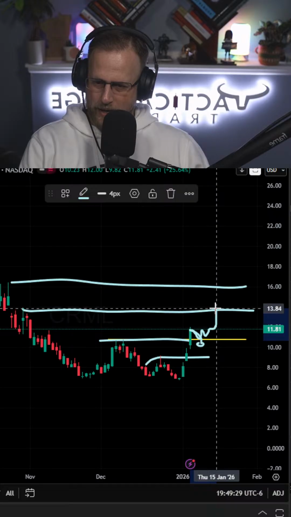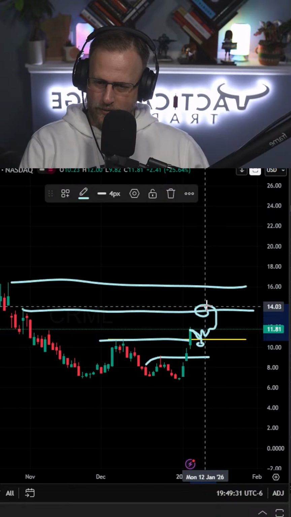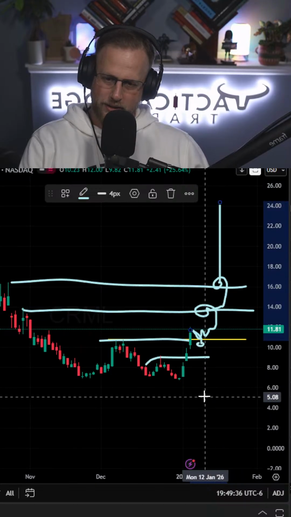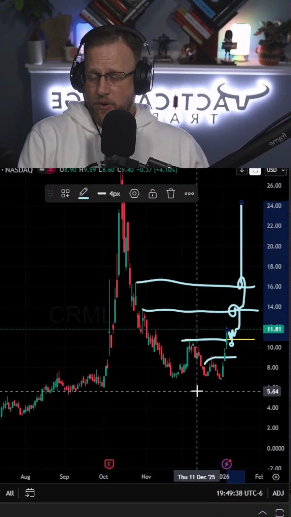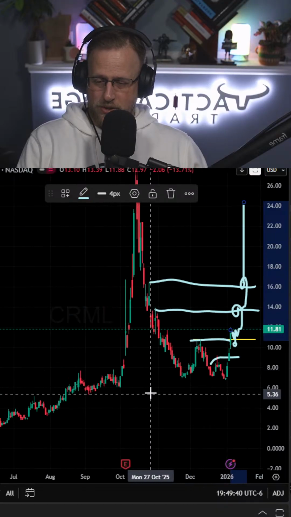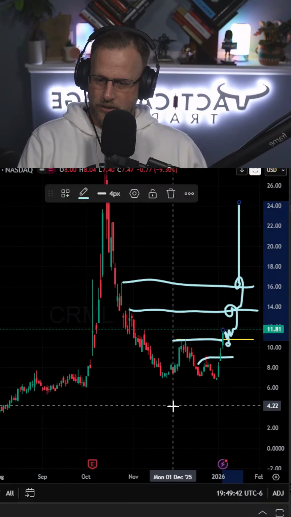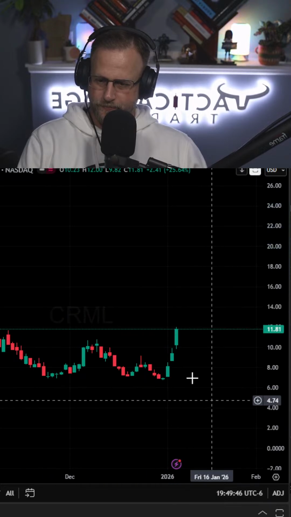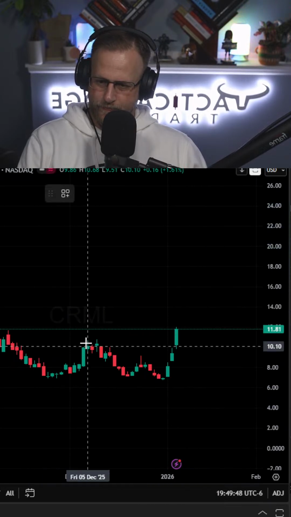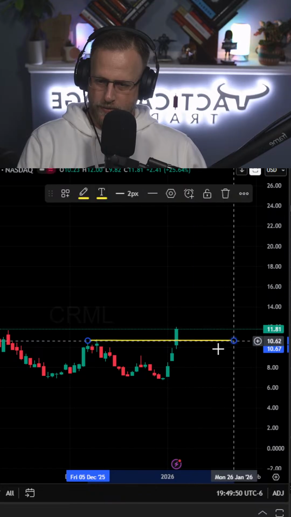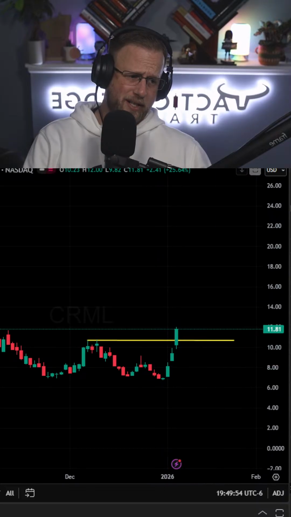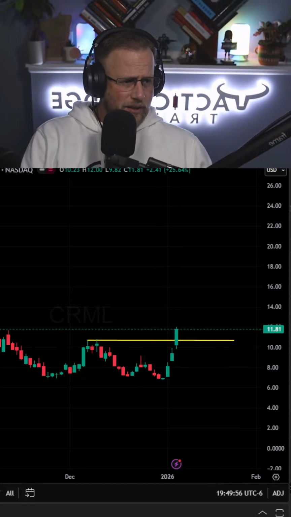Pop higher, take out that $14 level, acceptance, pop higher, take out that $16 level, and then I think, shoot, I have no idea what this company is, but this is strictly looking at market structure. It looks good, especially since metals are running up. I don't know if they announced something, but 73% in 3 days. I like to trade the break and retest.